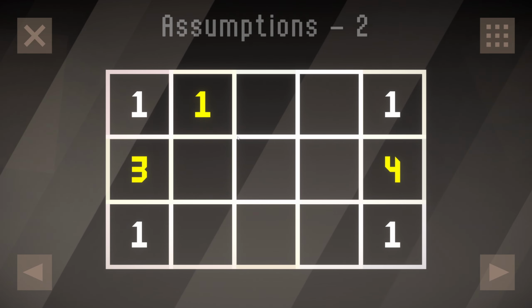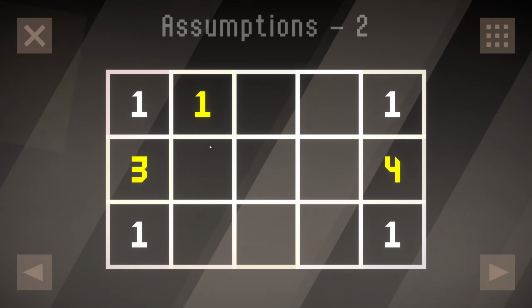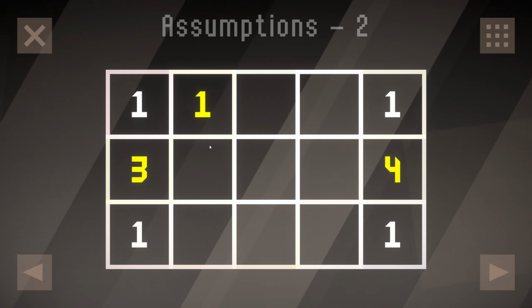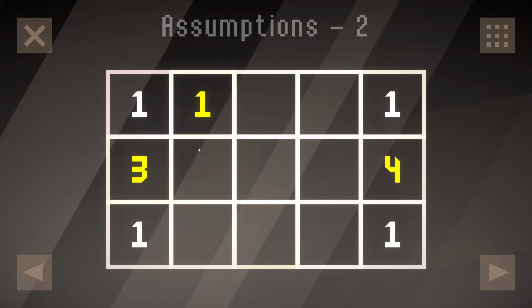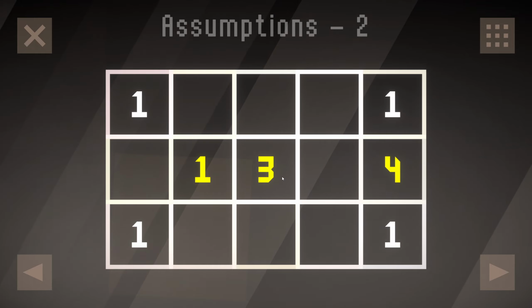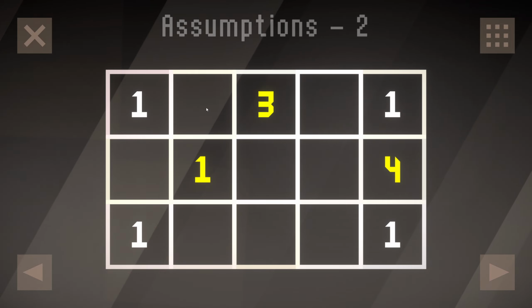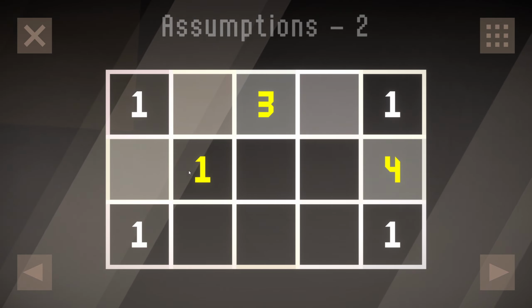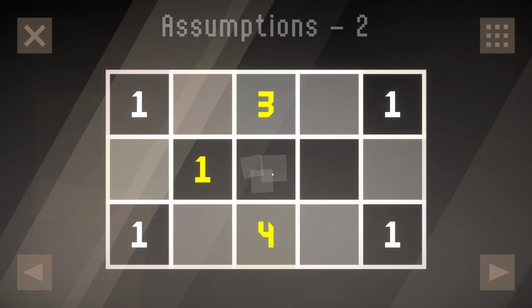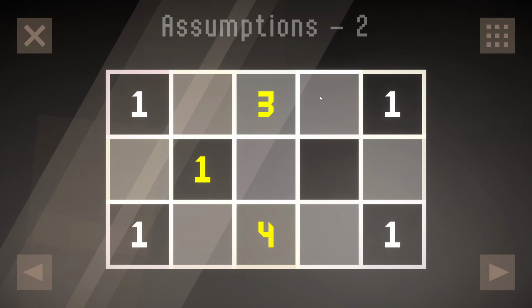Oh, come on, brain. You just did this a minute ago, and I think I did it fast a minute ago as well, which is very awkward. 3 can do that. Oh, wait. Here we go. No. Because this can't attach to this.